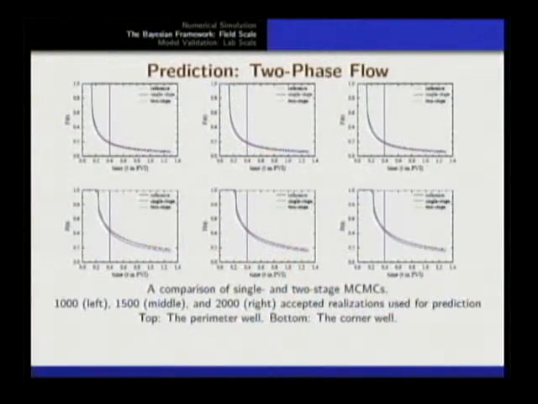And after I have these fields, I run the forward-in-time simulations. In red, I have a synthetic case where I know the answer, and then I compare the predictions for single and two-stage procedures. They perform very well with a relatively small number of forward-in-time simulations. With an ensemble of 1,000, we can get a pretty good prediction.